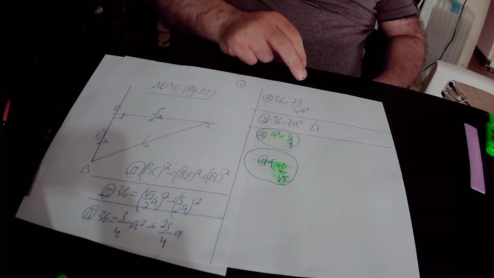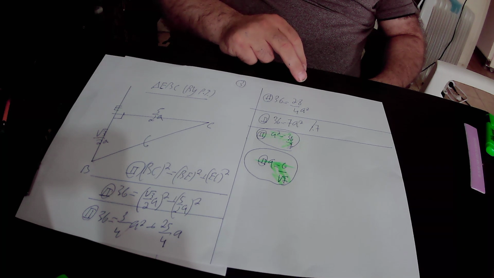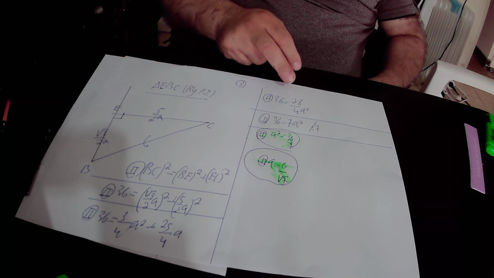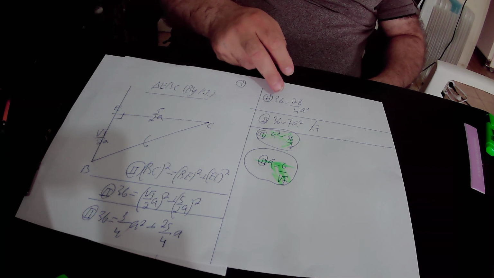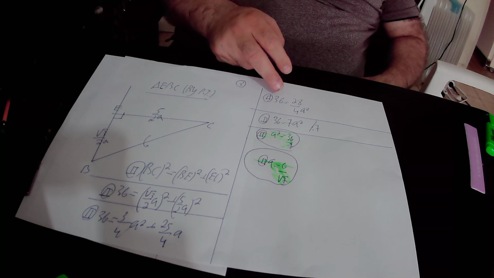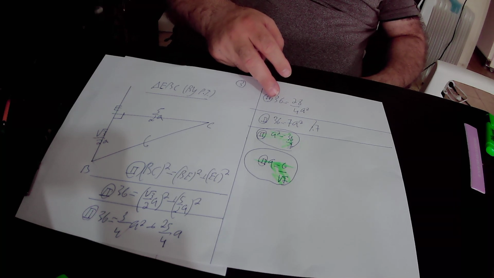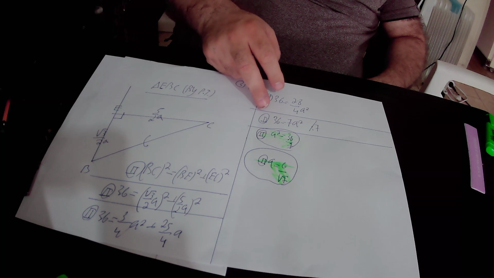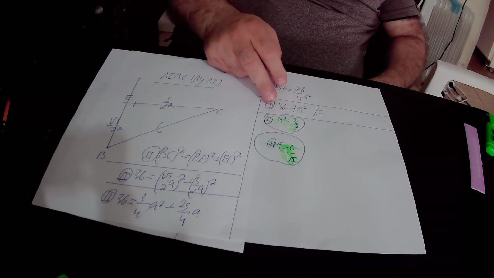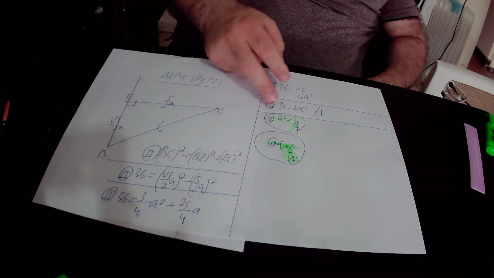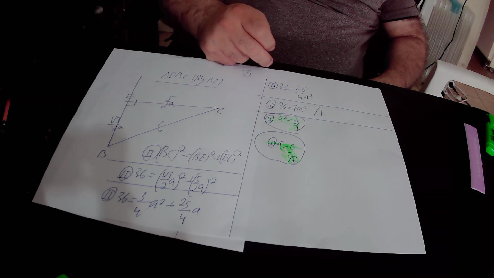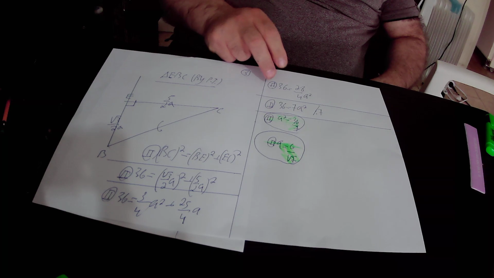So 36 equals 28 quarters times A square. 28 over 4 is 7, so 36 equals 7A square. We divided this equation number 2 by 7 and found out that A square equals 36 over 7. Then we took the square root and found out that A equals 6 over square root of 7 units.